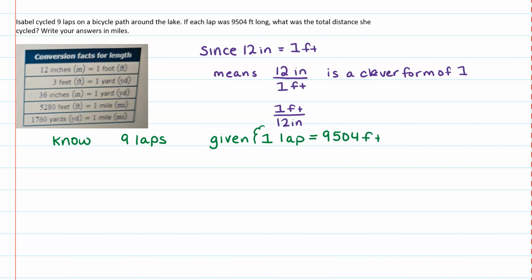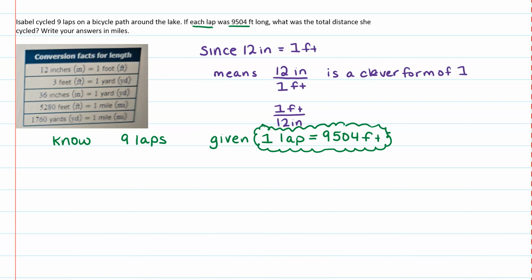So this conversion fact is special just for this problem. They're telling us each 1 lap is 9,504 feet long. The conversion facts for length don't vary based on problems. Those are always true, but here they're telling us 1 lap is 9,504 feet.